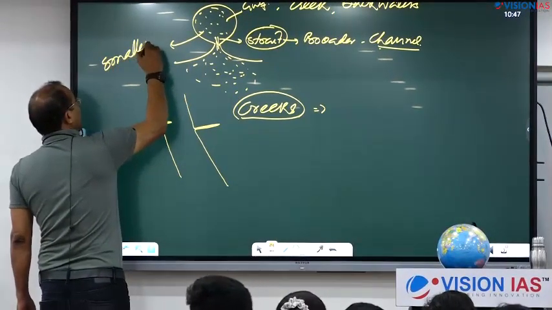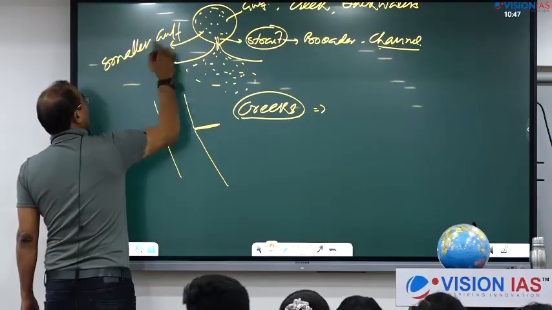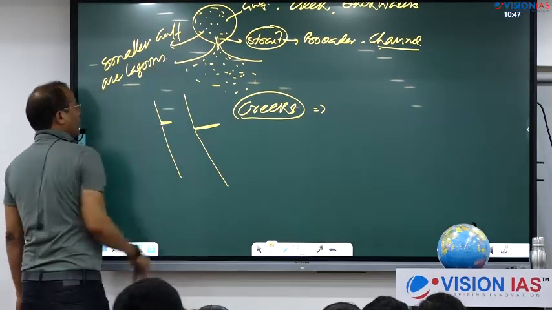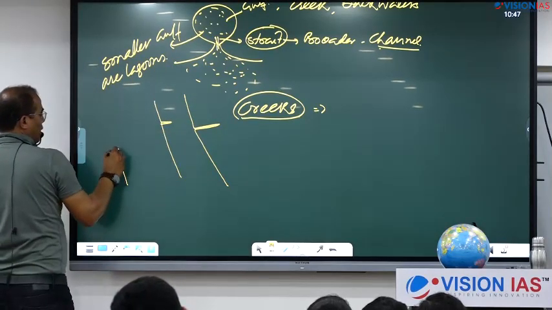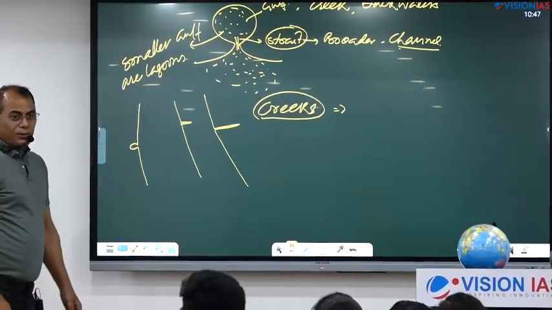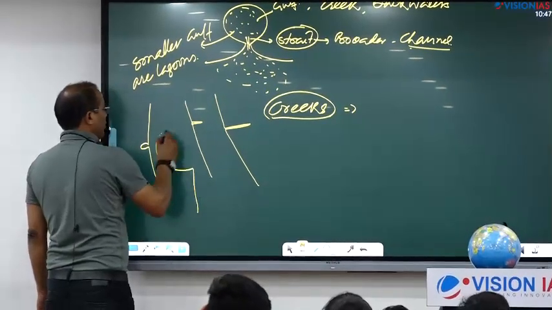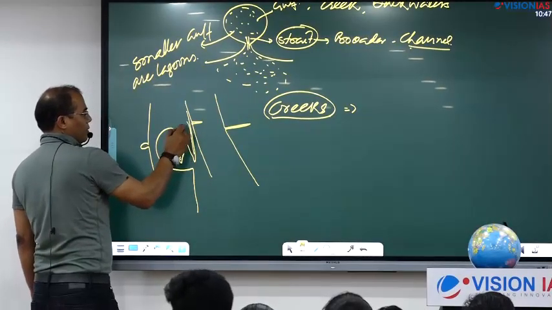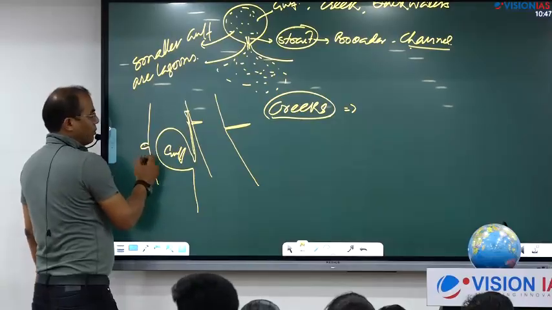Smaller than a Gulf are lagoons. Let's suppose you have a coastal area. This is a lagoon. Chilka Lake is a lagoon. If you have a much bigger one, this is the coast. Lagoon.